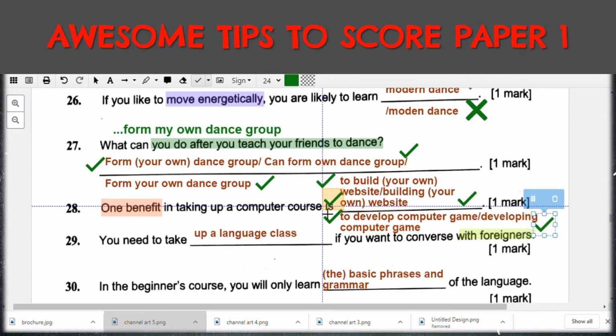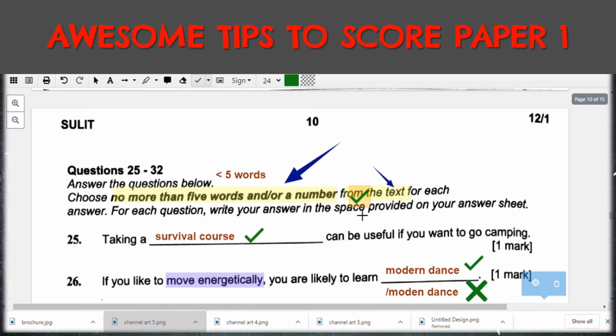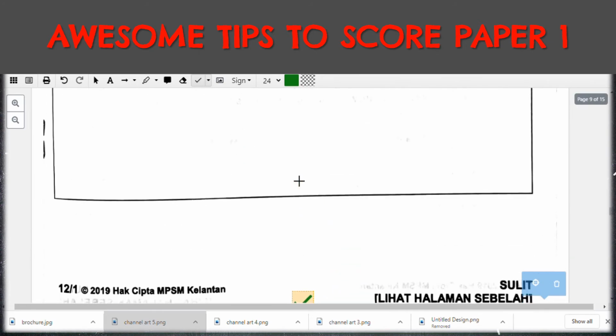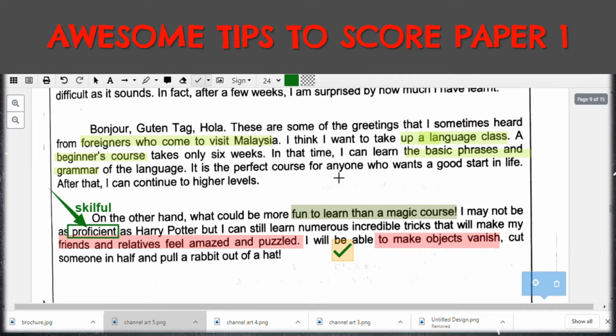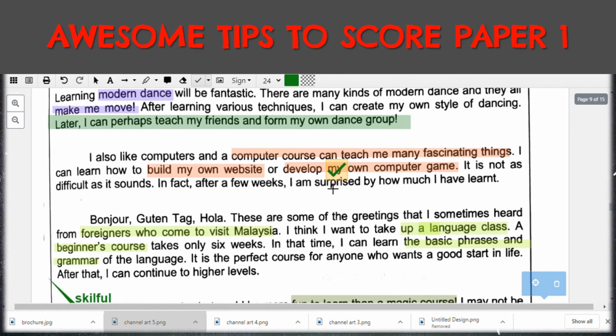Now, take note, even though the answer is from the text, we are allowed to change the form of the word. Example, develop, developing. If you put two is also found in the passage. Build, building. Yes, we are allowed.